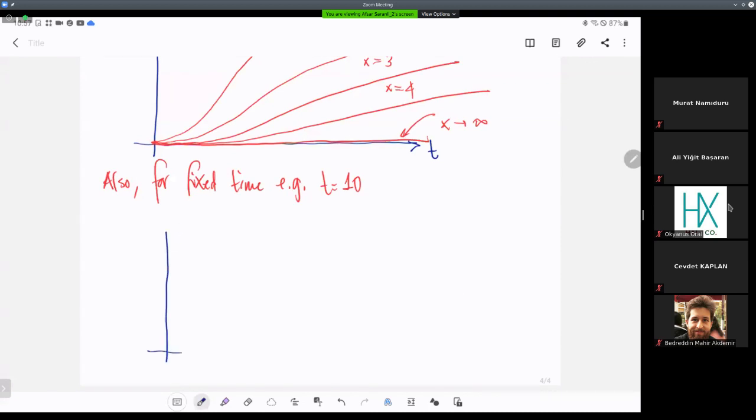So with respect to a fixed time and with respect to x, at x is equal to 0, obviously you start with m is equal to 1 because that is the point where I apply the step function. But as you go far away from that boundary, you get a function that approaches 0. So this is temperature with respect to x, but at a fixed time.